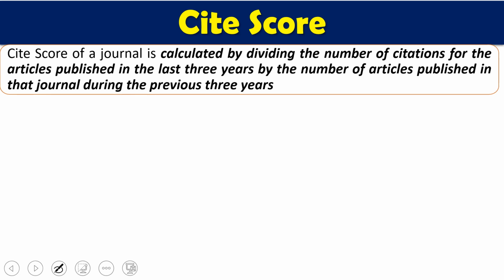The cite score of a journal is calculated by dividing the number of citations for the articles published in the last 3 years by the number of articles published in the journal during those 3 years.